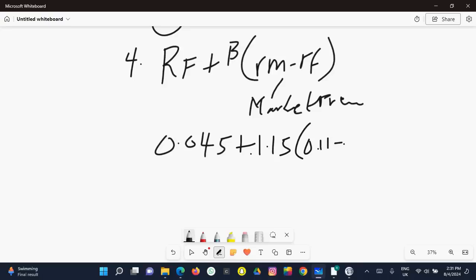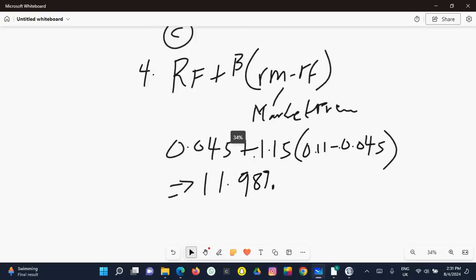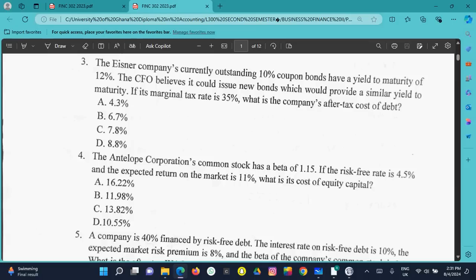And then the risk-free is 0.045. So now, when we do all this, what we are going to get is 11.98%, which is answer option B.